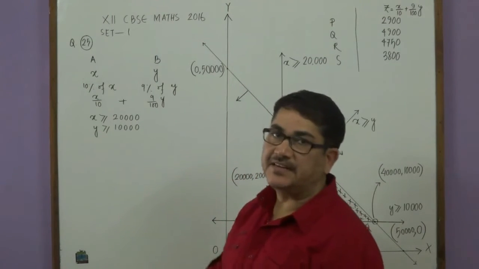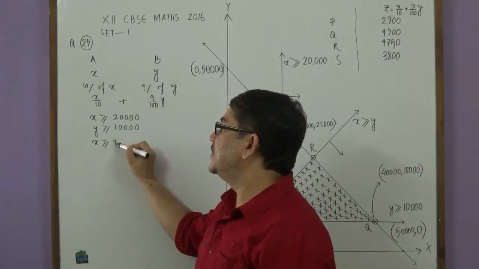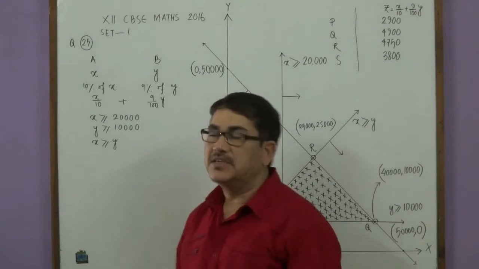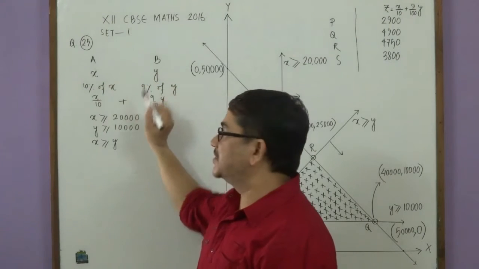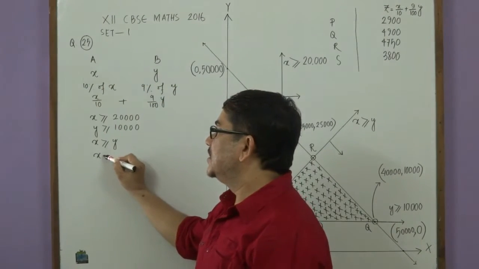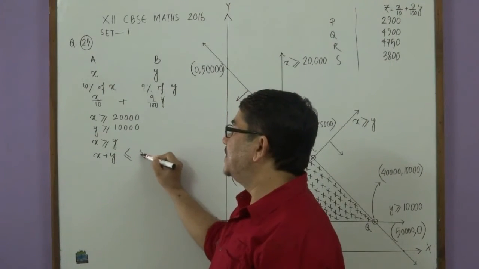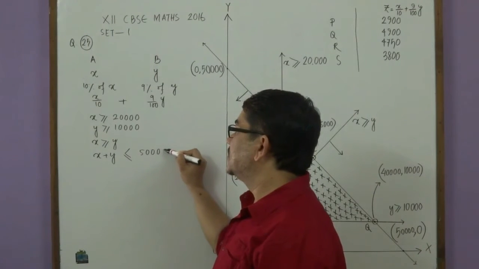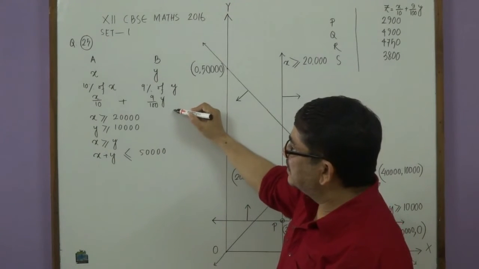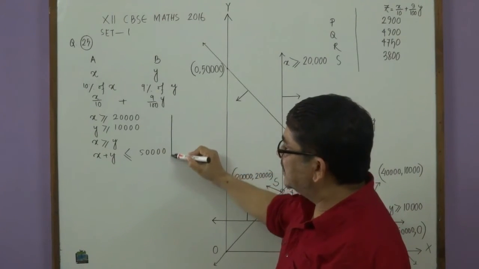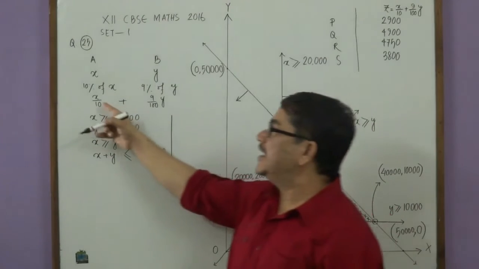It is also given that X is greater than or equal to Y. Because he has 50,000 rupees, the total amount he invests can never be greater than 50,000 rupees. So, these are the linear constraints. Under these constraints, he has to maximize this.